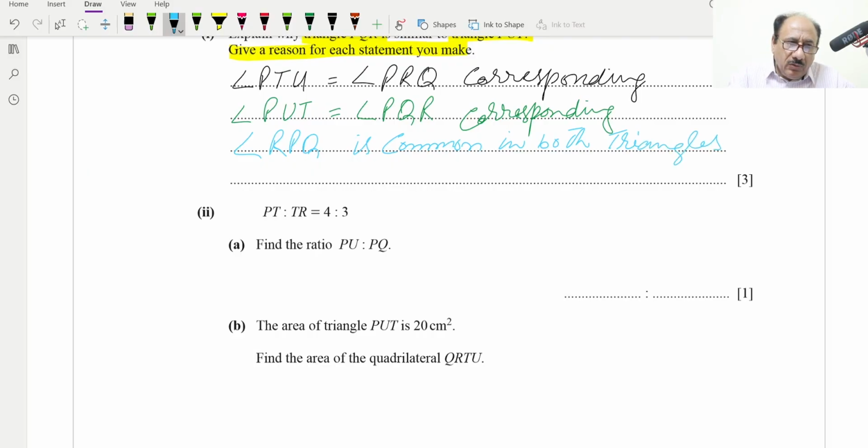Now all three angles are equal, so we can write angle, angle, angle postulate or theorem.